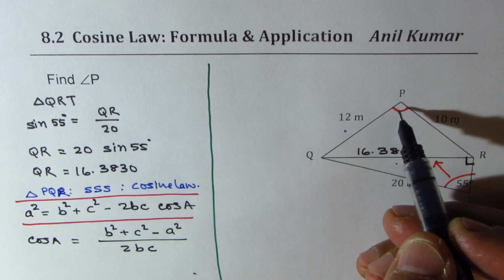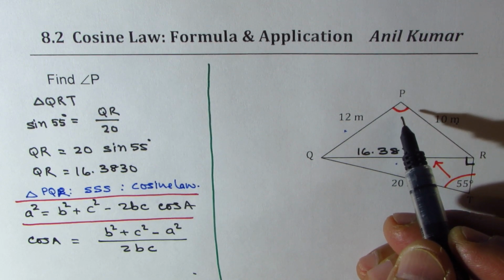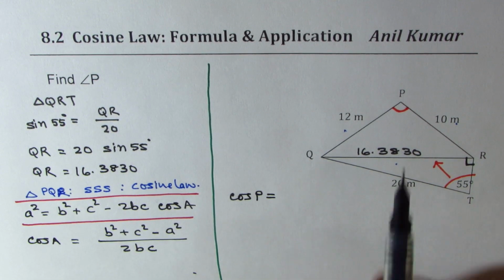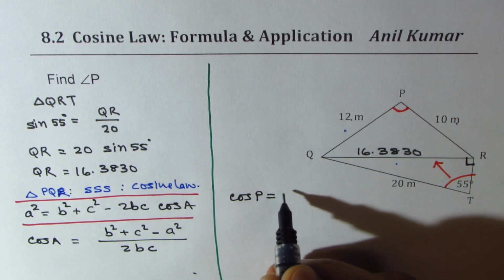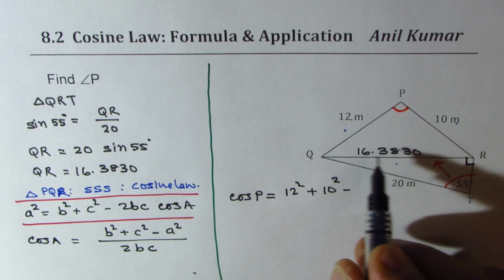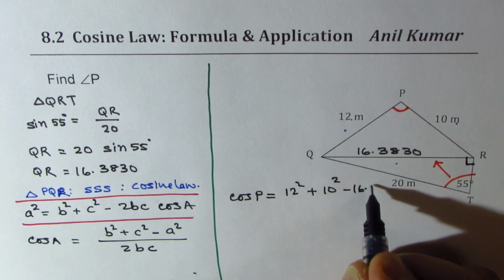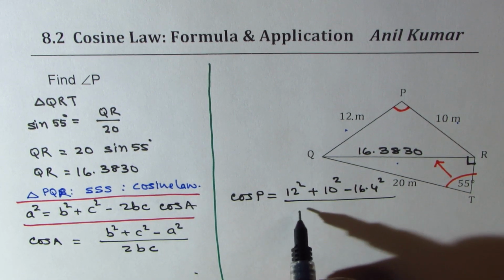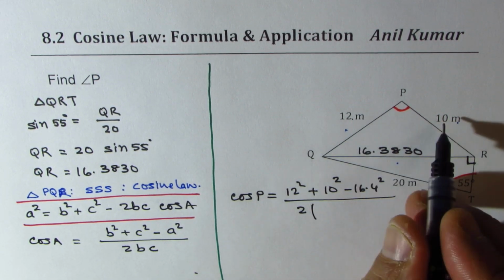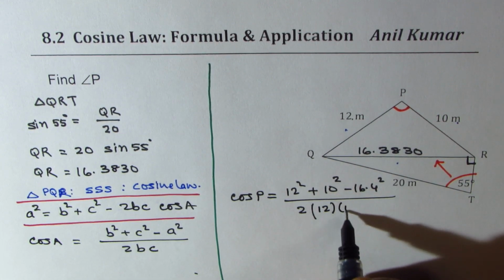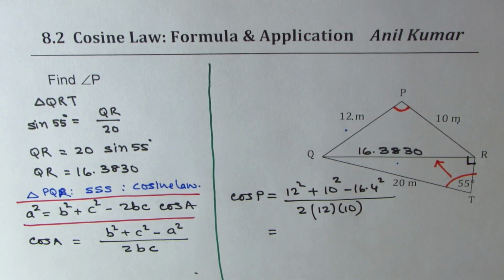In this case, we want to find angle P. So we'll say cos of P is equal to the sum of these two squares, which is 12 square plus 10 square, minus this square, which is 16.4 I'm writing at present, divided by 2 times b and c, that is these two sides, which are 12 and 10. So let's calculate this.